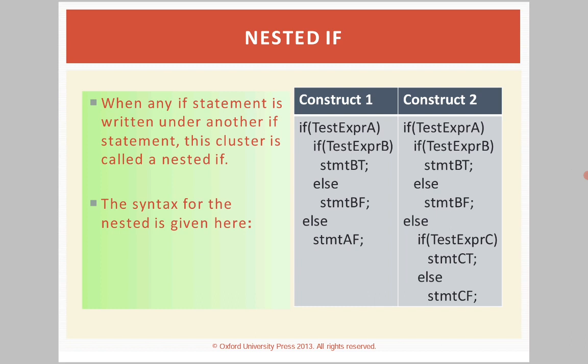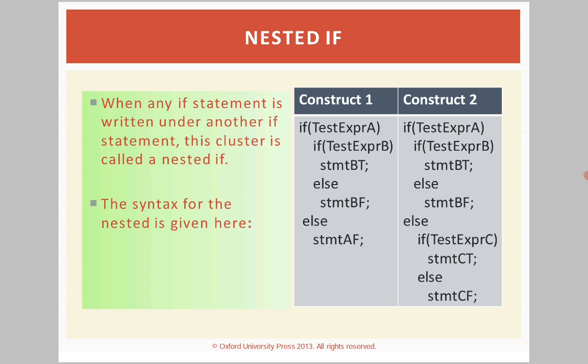Another type of conditional statement is called the nested if statement. What is a nested if statement? A nested if statement means an if statement contains another if statement. When any if statement is written under another if statement, this cluster is called a nested if statement.